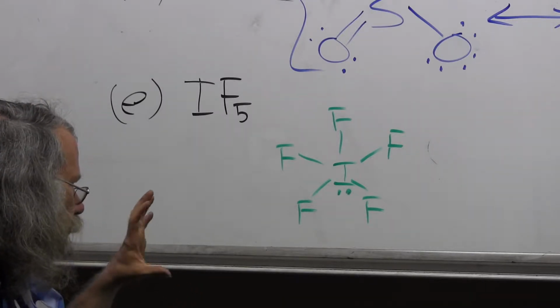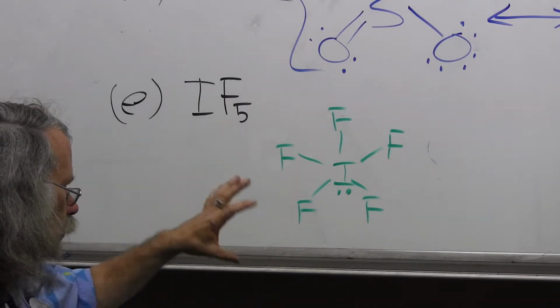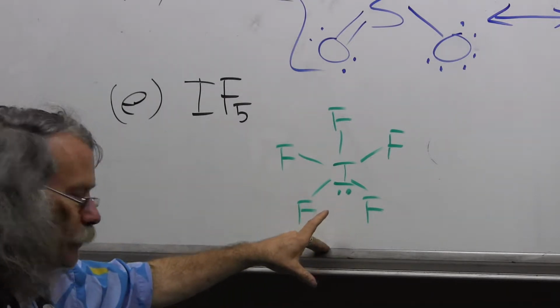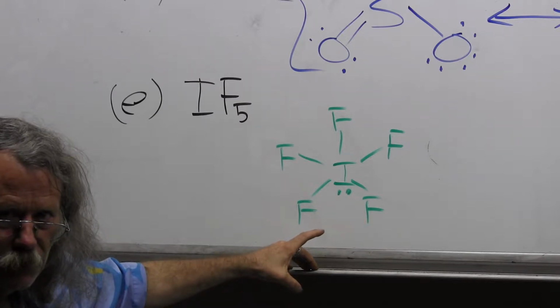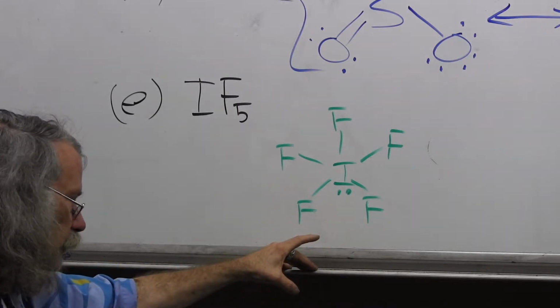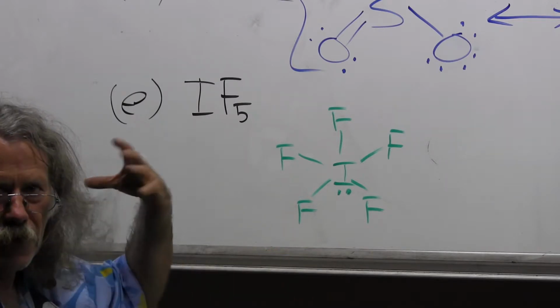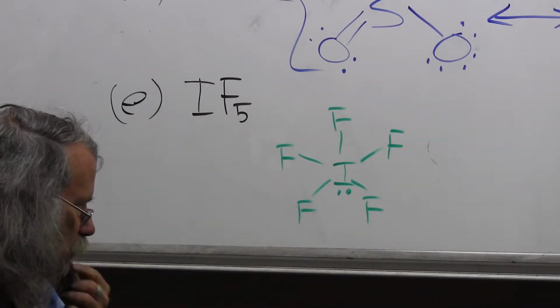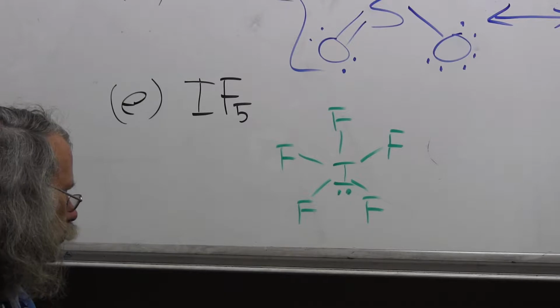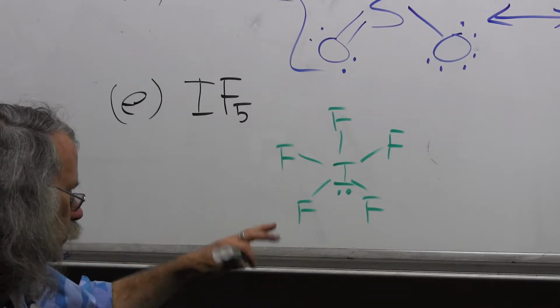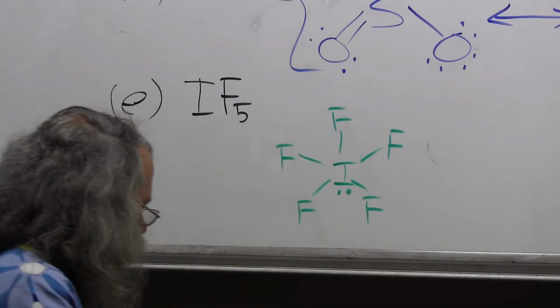In other words, I'm going to place this lone pair on one of the octahedral sites and draw the molecule with the other 5 atoms on the other octahedral sites. And this will give me an octahedral, well, we'll see what type of molecule results.